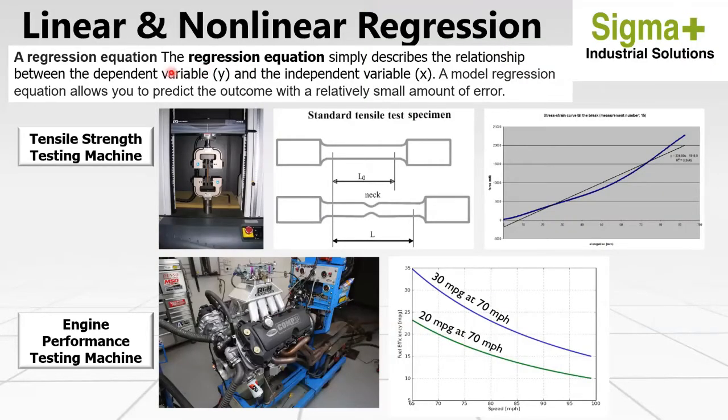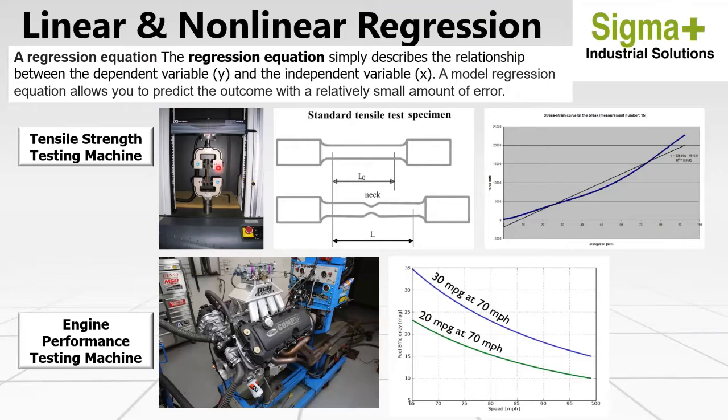The regression equation is an extent of the correlation between the independent and dependent variables x and y, from which we can conclude a statistical equation, which can be used to predict the values of y with a minimum percentage of error. So let me repeat this definition again.